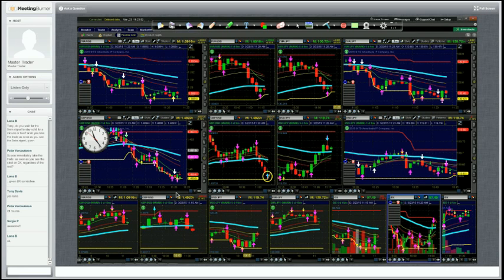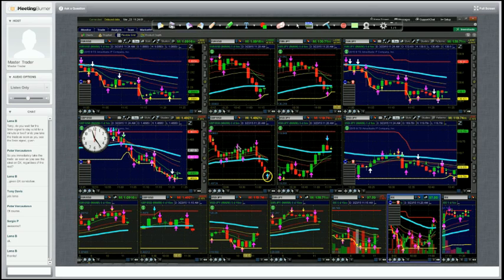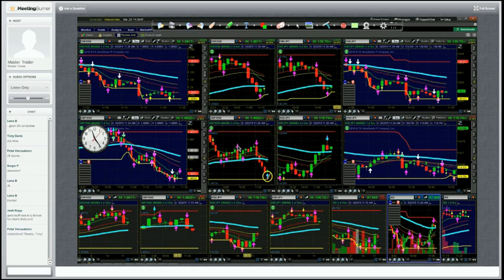If the signal stays solid on the DX for a good 30 seconds to a minute, probably a minute is safer, and then I see the correlating confirmation signal on the 5 minutes and it stays solid, then I'll go ahead and take that. But you want to make sure that signal is solid. If it just goes away, it's less powerful. So you want to be careful with those.